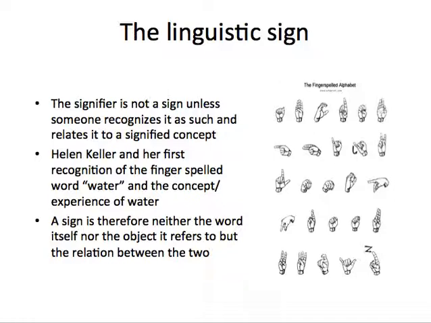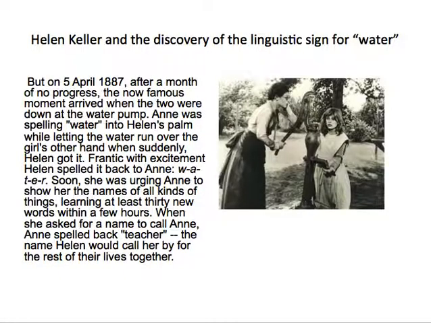Here's the very famous scene where Helen Keller and her teacher are at the water pump, and this is the first time that Helen Keller connects the signifier to the signified. So on 5th of April 1887, after a month of no progress, the now famous moment arrived when the two were down at the water pump.